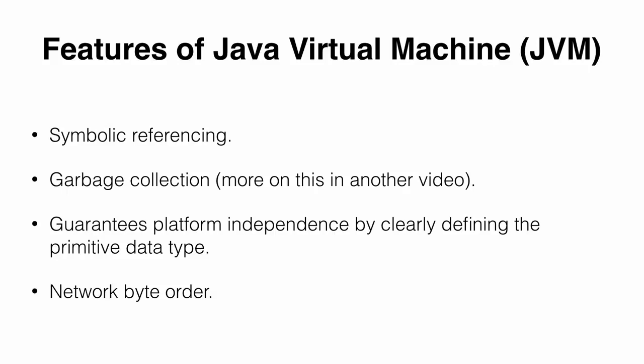Next, we come to garbage collection. The garbage collection basically is a class instance which is explicitly created by the user code and automatically destroyed by the garbage collector. I'm going to go into this a bit more in another video, but it basically looks for objects that are no longer in use, and it will clear up that particular object.